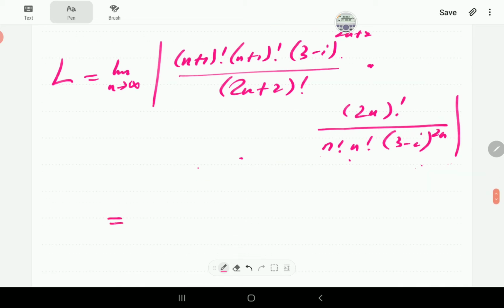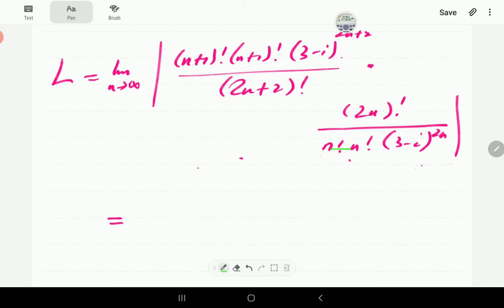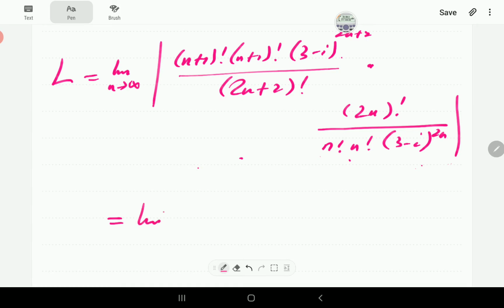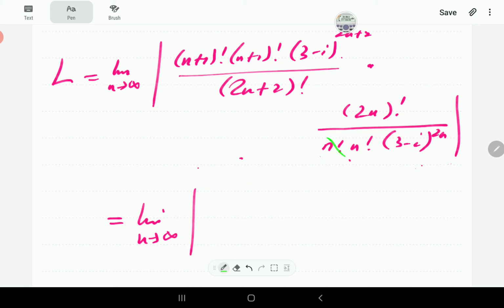Okay, now we can start cancelling out. So this is going to be the limit as n goes to infinity. n factorial goes into (n plus 1) factorial n plus 1 times. Same thing with this one.